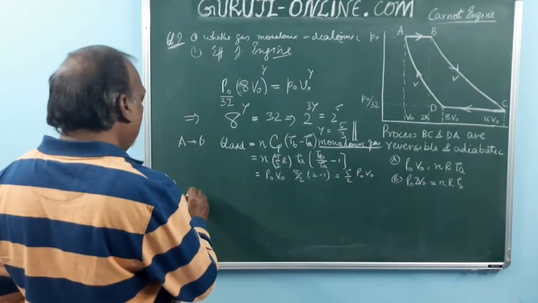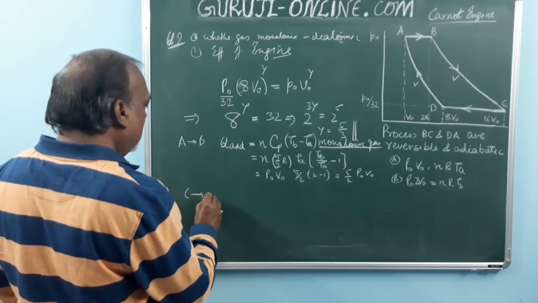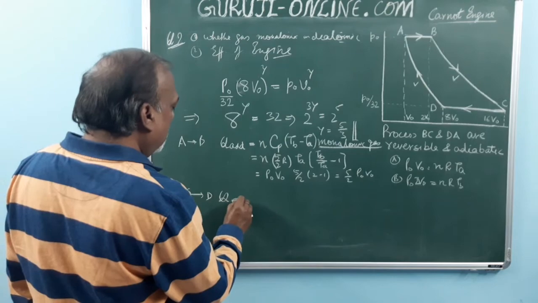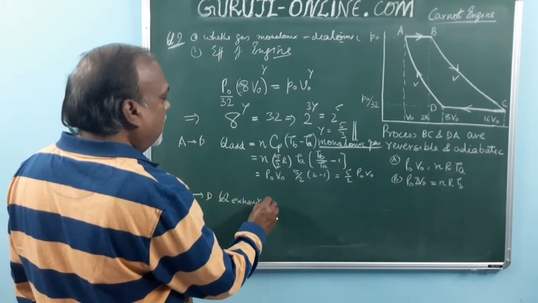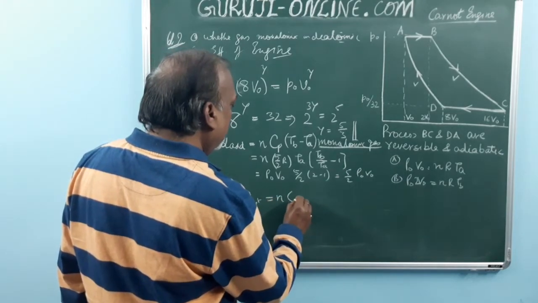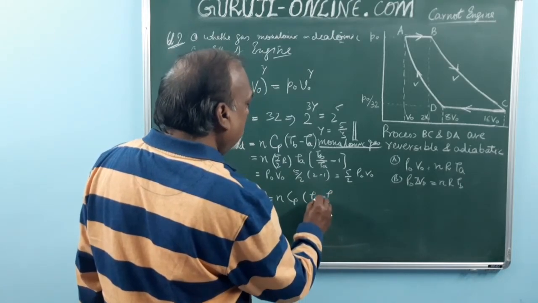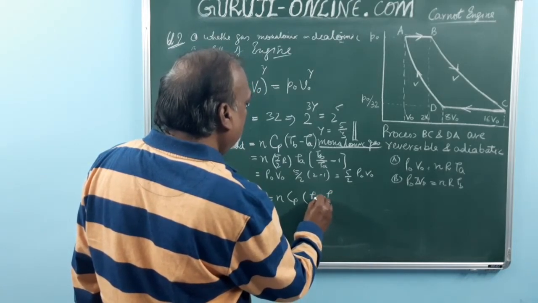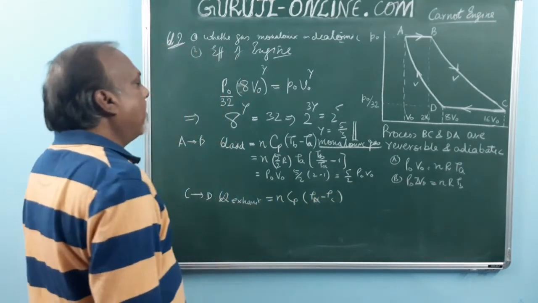Like that, for C to D, this is Q exhaust, how much energy is released, and it is n Cp (Td minus Tc).